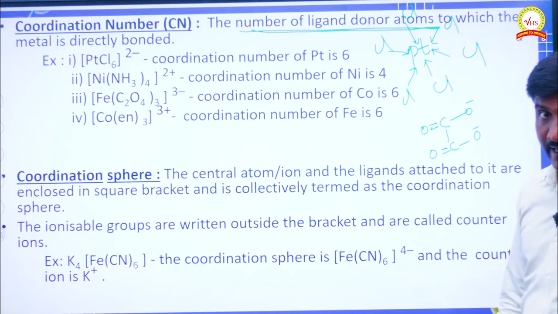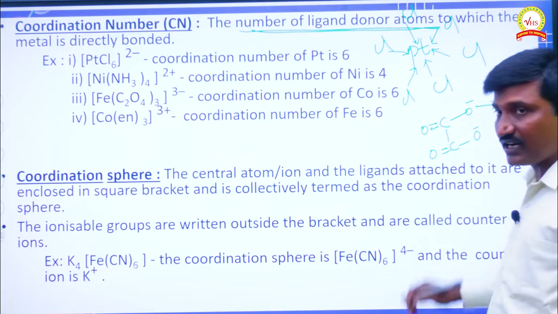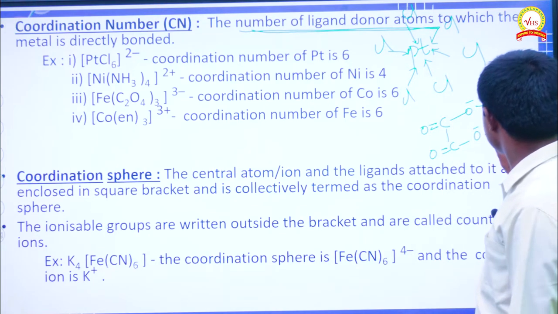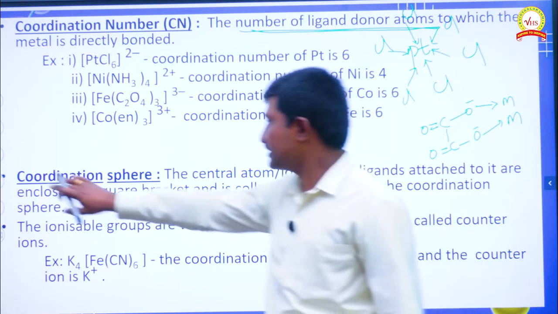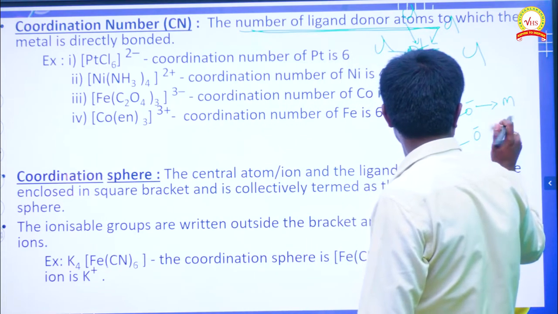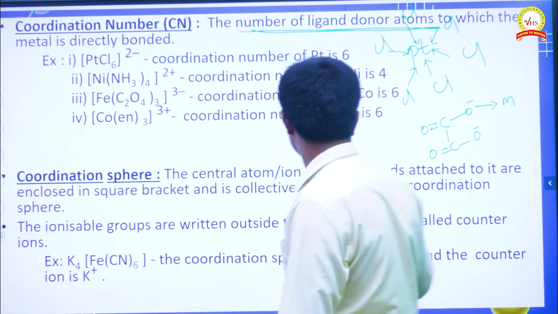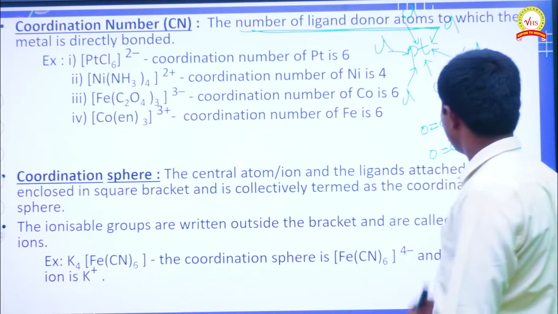It is a negative ligand. This oxygen gives its electron density, that is a lone pair of electrons, to the metal, and this oxygen also gives a lone pair to the metal.